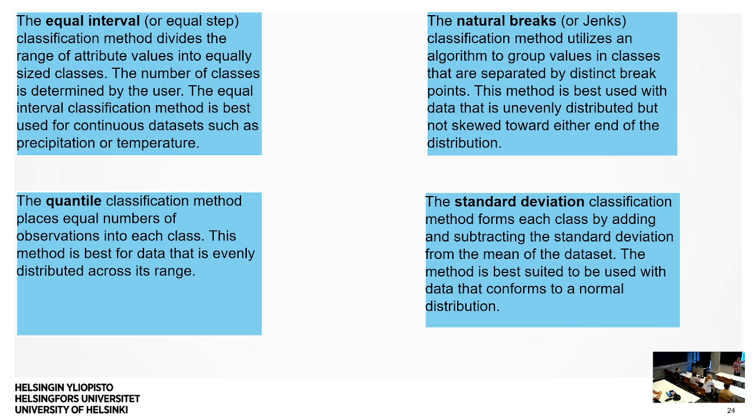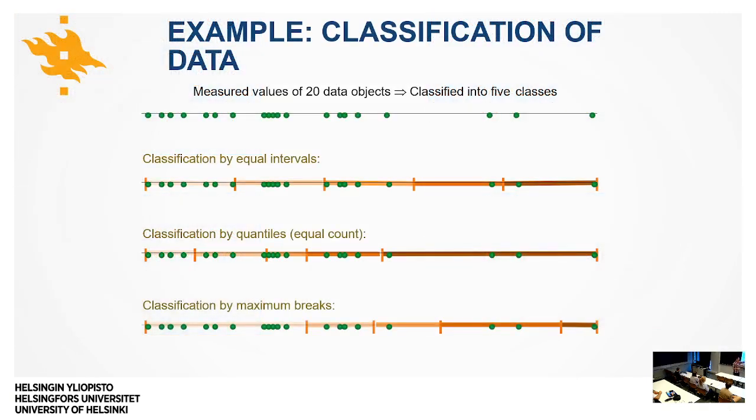Very often we go with natural breaks or the Jenks method in GIS. It's a good method, but I guess part of the reason it's super popular is because it's the default one in ArcGIS. We're just used to clicking it. Then we have quantile classifications and classifications based on the standard deviation.